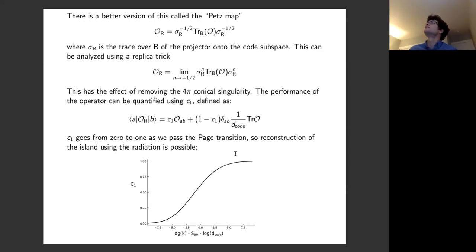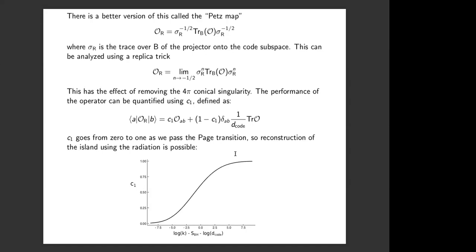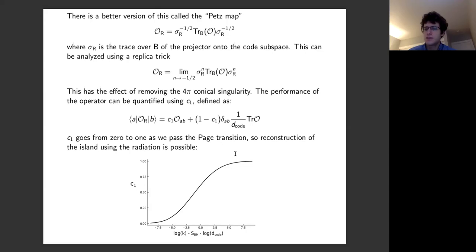Okay, let's see. In the Euclidean signature, you have these fluctuations in JT gravity, the boundary mode. That's some degree of freedom as a function of time. And the Hilbert space description of that is low dimensional.